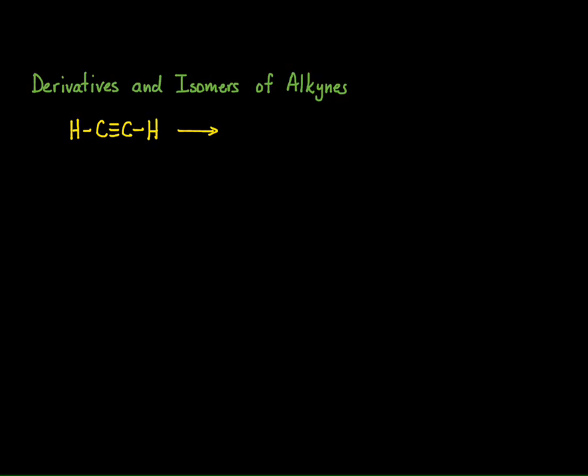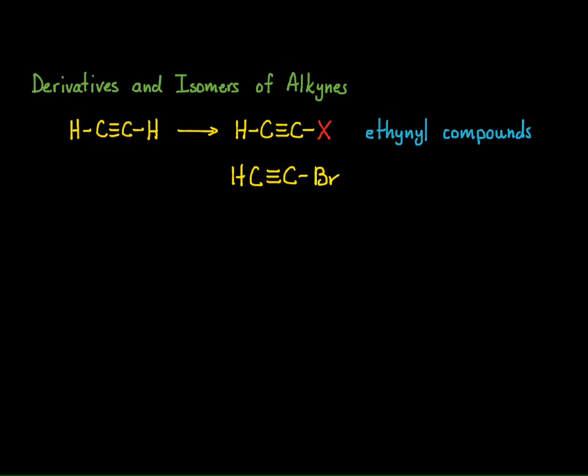Obviously, the two hydrogens are equivalent, so I could substitute either one of them for some substituent X. I call these types of derivatives ethynyl compounds, or acetylyl compounds. For example, I can have bromine coming off of the acetylene, and I can call this ethynyl bromide.